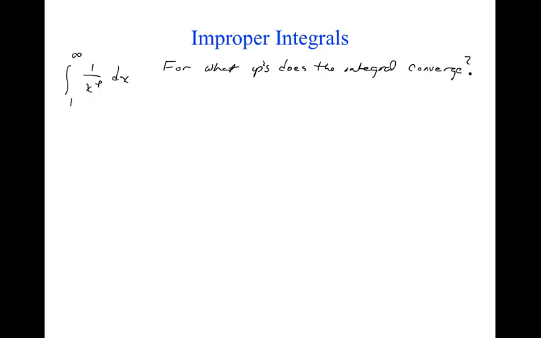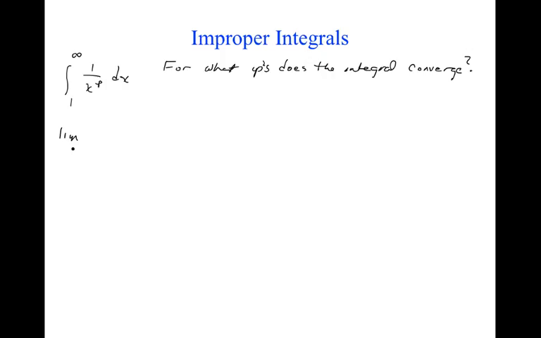So we know 1 over x cubed gets to 0 fast enough for it to converge. 1 over x to the 1, not fast enough. Too slow. It gets to 0, but it still gets there too slowly for it to converge. So we'll do it generically for p and figure out what p is going to give us a finite value. For what values of p can we get a finite value for this? We're going to do it one more time.